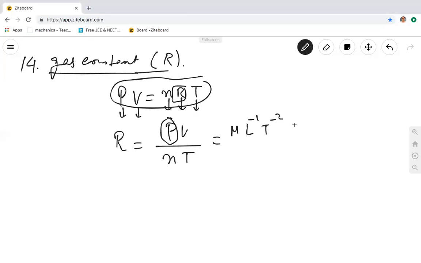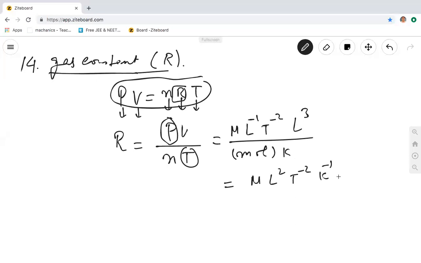V is volume, that's L cube. n is number of moles, and mole is a basic fundamental unit, MOL. And T is temperature here. This T is not this T. You have to keep your wits about you. What it means: this T is Kelvin. Yes, sir. And it's M L2 T minus 2 K minus 1 when it goes up, and mole inverse.